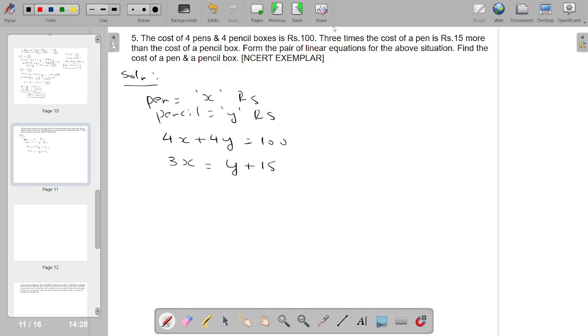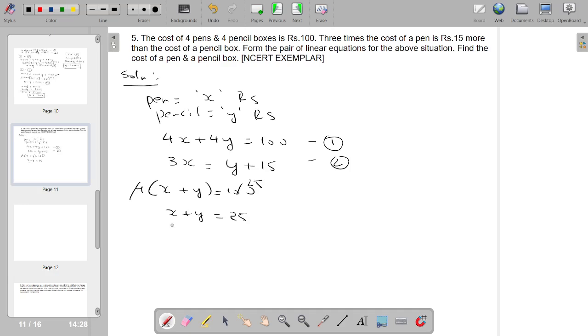So now what it is saying, form the pair of linear equations for the above equation. Find the cost of a pen and a pencil box. So now we have framed the equations actually. This is equation 1 and equation 2. We can further simplify this. Like 4x plus 4y is equal to 100. Take 4 common here in equation 1. 4 into 25, so x plus y is equal to 25.